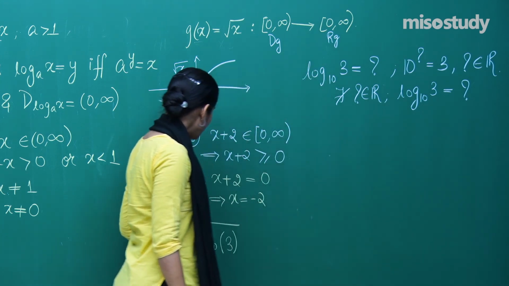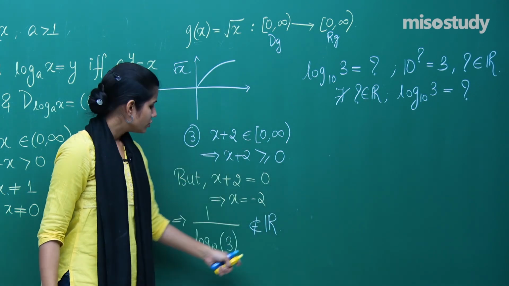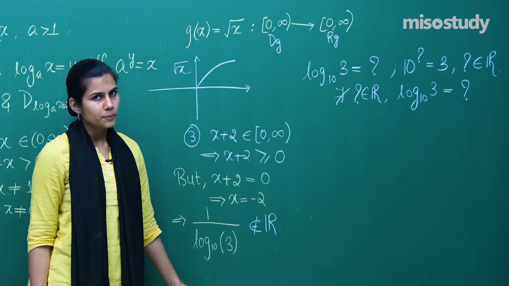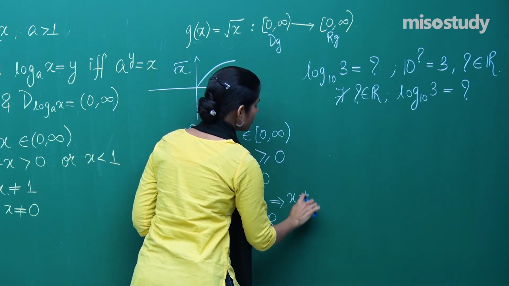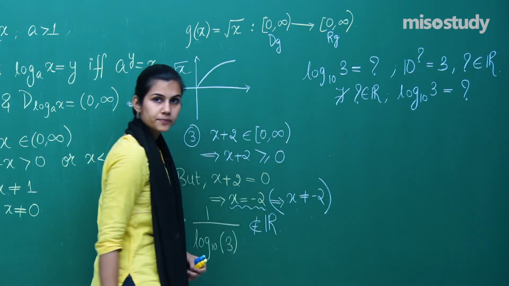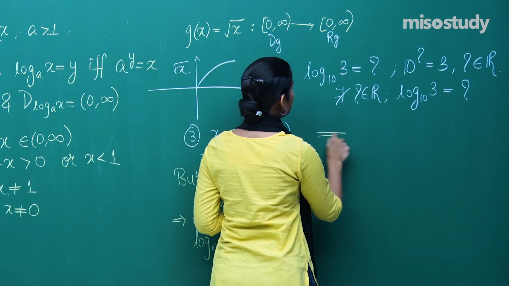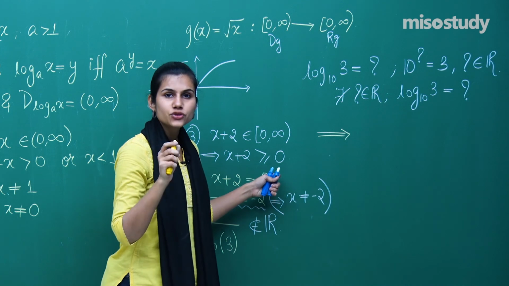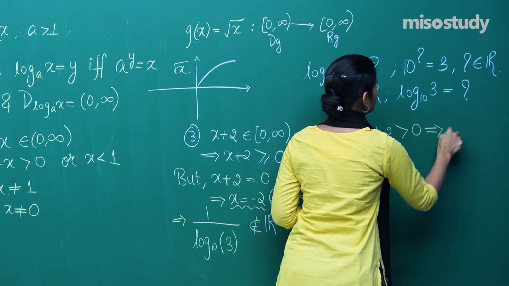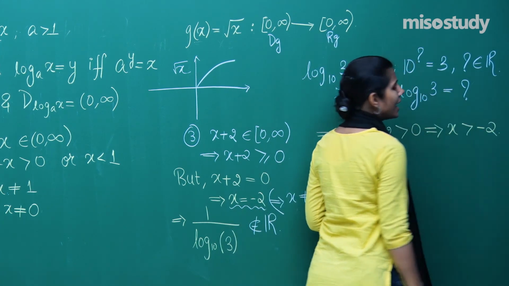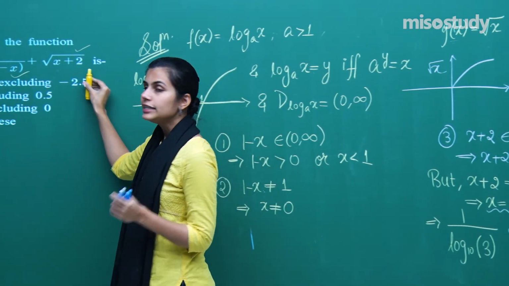That means log 3 to the base 10 does not belong to R. There is no real number which is equal to 1 upon log 3 to the base 10, which means x cannot be equal to minus 2, and therefore x plus 2 cannot be equal to 0, and thus x plus 2 has to be strictly greater than 0, which implies x is greater than minus 2 for the entire expression of f to be defined.